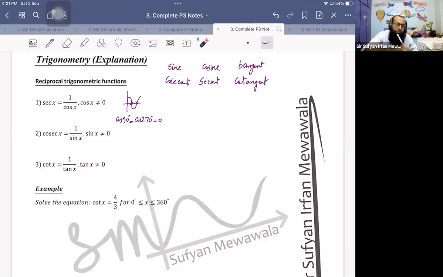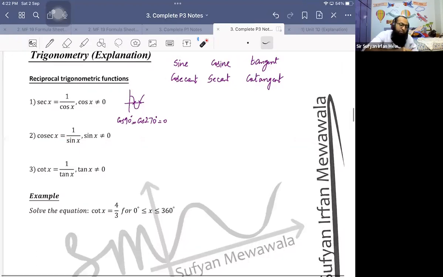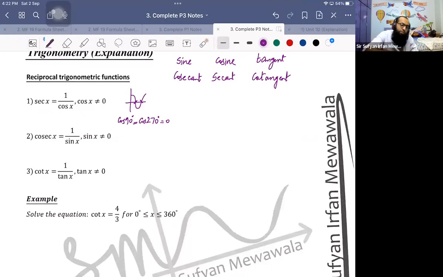Now, usually there's a misconception, a common error. The students think that sec x is the reciprocal of sin x because they match s with s. Now, this is a wrong concept. They try to match c with c, and they say that cosec x is the reciprocal of cos x, but this is not the case. So here we always tell students that they always need to remember the third letter.